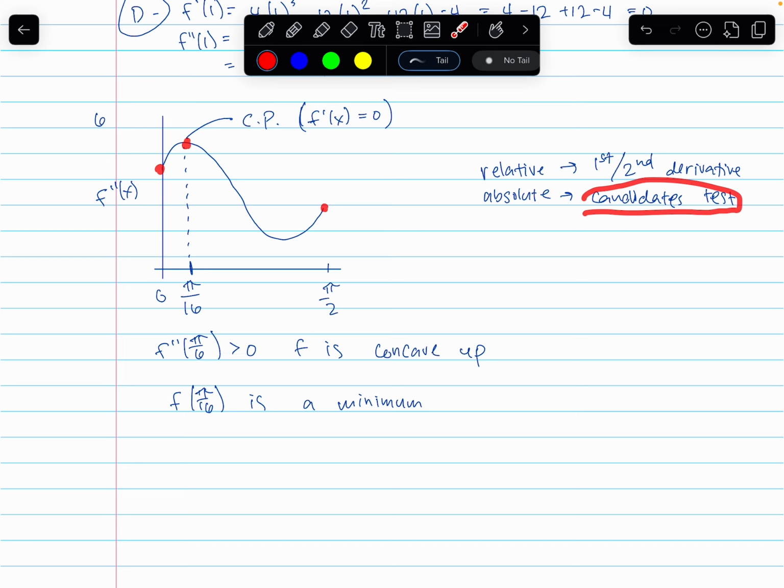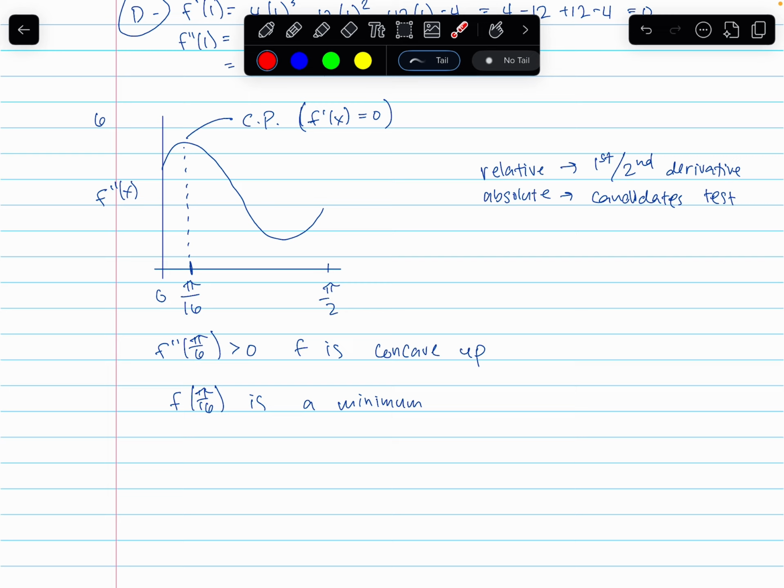So can we rule out that these are not that at these values right here, it's not going to be absolute or something like that, right? Okay. So it definitely is a relative minimum.